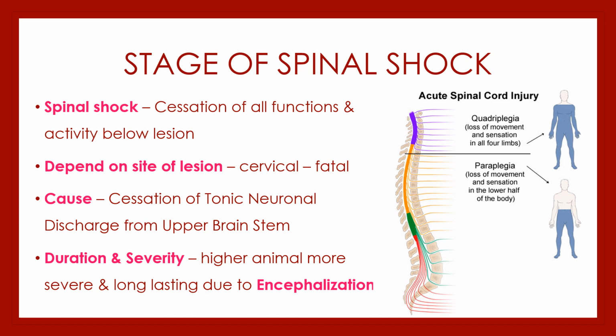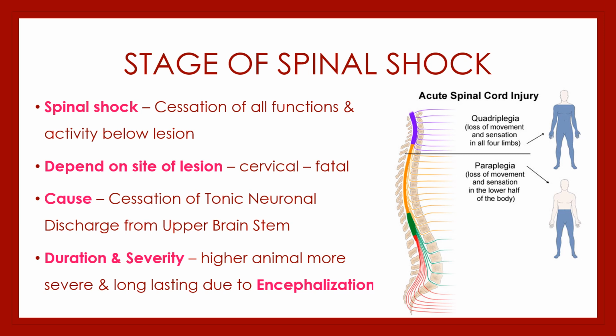The effects depend on the site of the injury. Complete transection in the cervical region can be fatal. This is because of cutting the connections between the respiratory center and the respiratory muscles, which will lead to paralysis of the respiratory muscles.